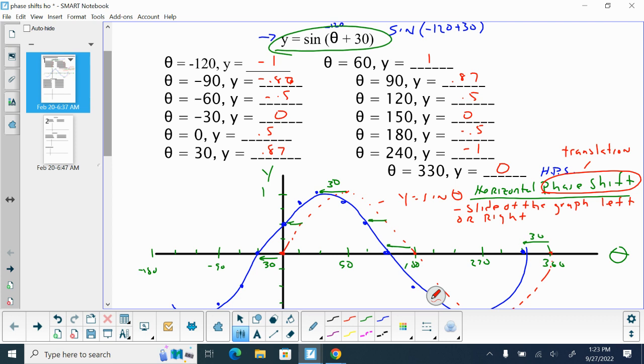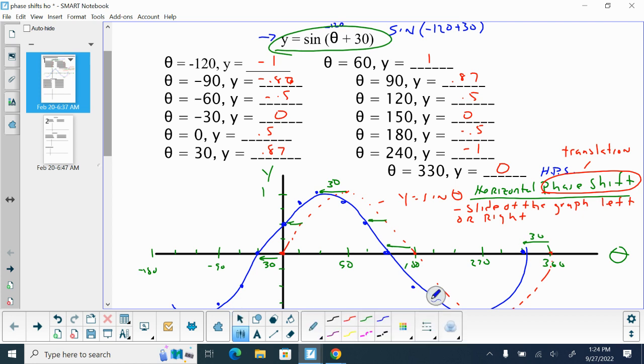This is called a horizontal phase shift. In the scientific world, they talk about phase shifts, in oscillations and electricity that deals with waves. When you're talking about the algebraic world and you slide it left and right, that's called a translation.